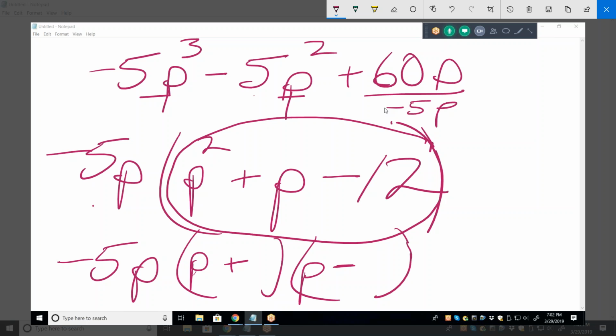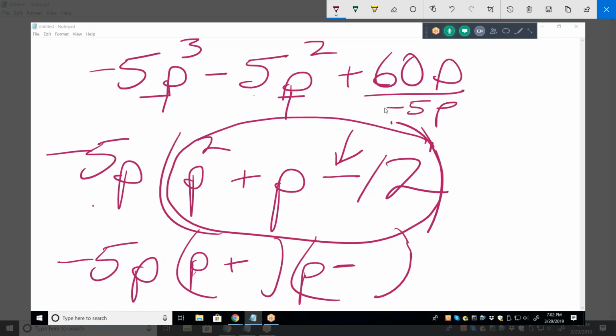Factors of 12 that do what? That are closest together. No, that's what we're going to try, because there are multiple factors of 12. But it's factors of 12 that subtract to what? To p.